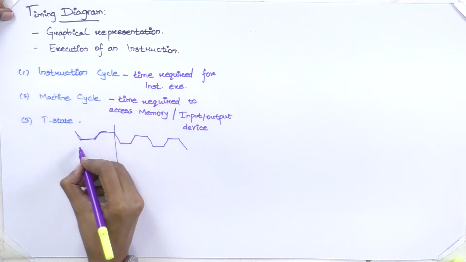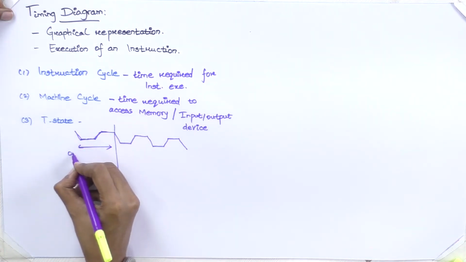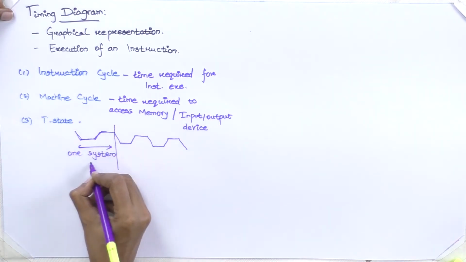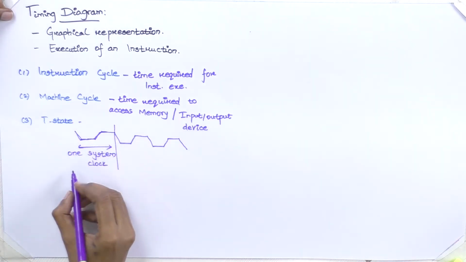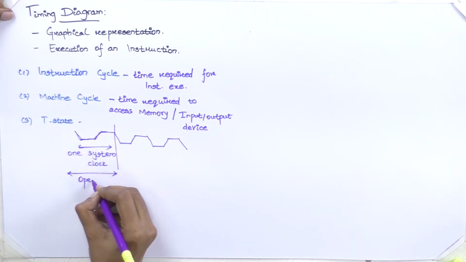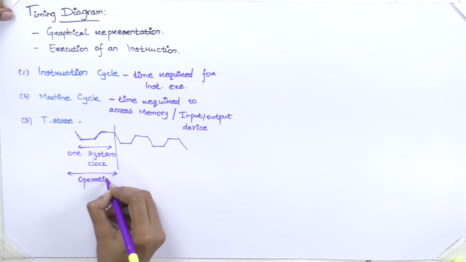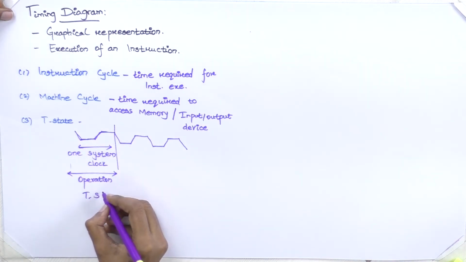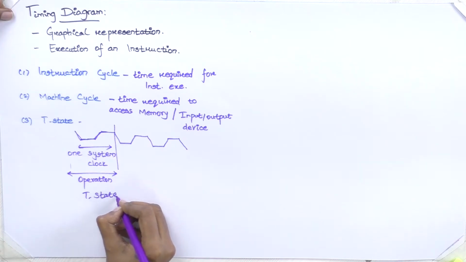So this is called one system clock. The operation done during this one system clock is known as T state.